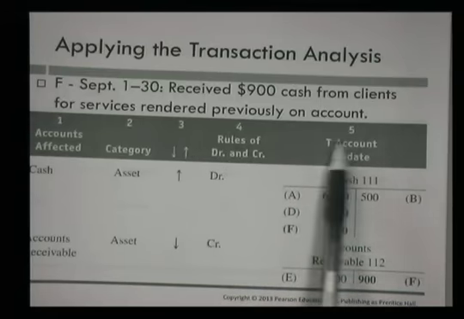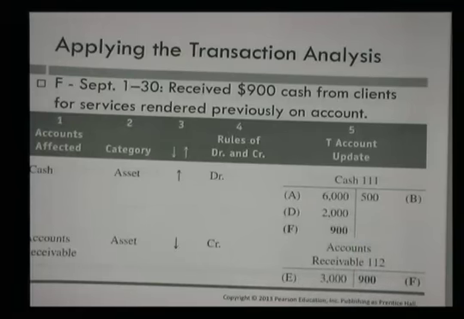And then how would it look in the T account? So as you go through and do each transaction, again, I would use that index card with the rules of debit and credit, and I would go through these 5 steps for each transaction until you understand totally the 5 steps, and then pretty soon you're going to be doing them automatically.